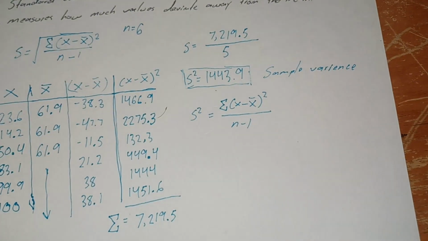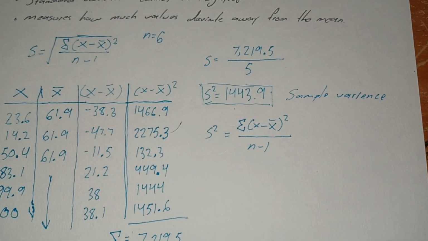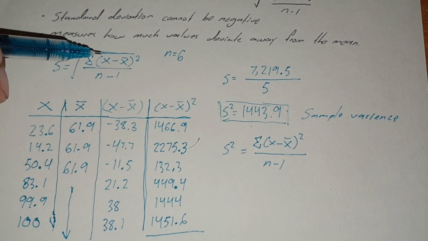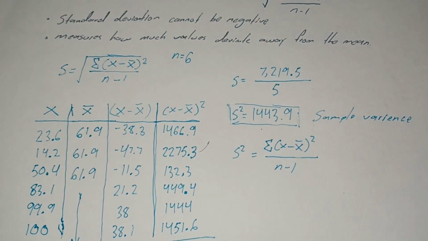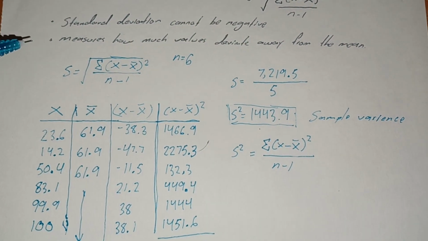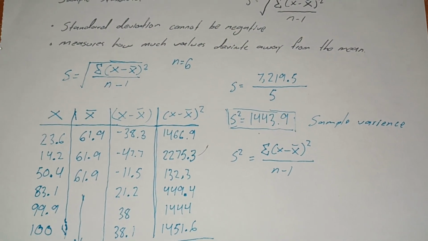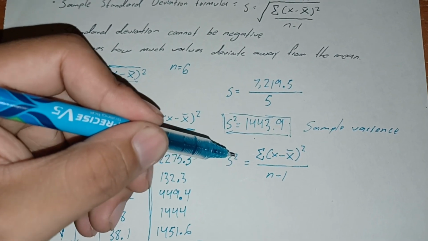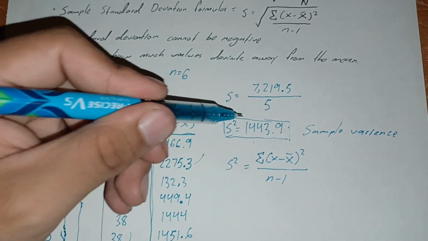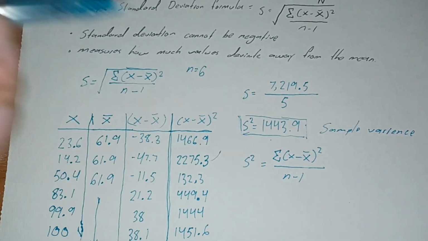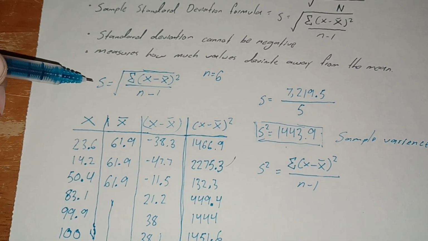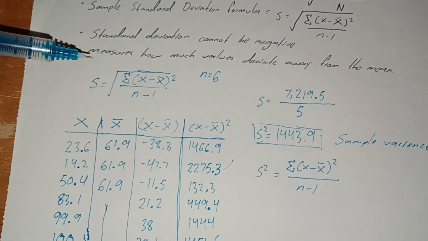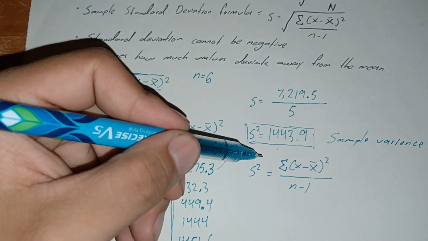That is the sample variance formula. Notice how this has a square. Notice how this does not. Notice how this has a square root. This does not. What does that mean? These are inverses of each other. If you square root the variance, you are going to get the standard deviation. If you raise the standard deviation to the power of 2, you are going to get your variance.